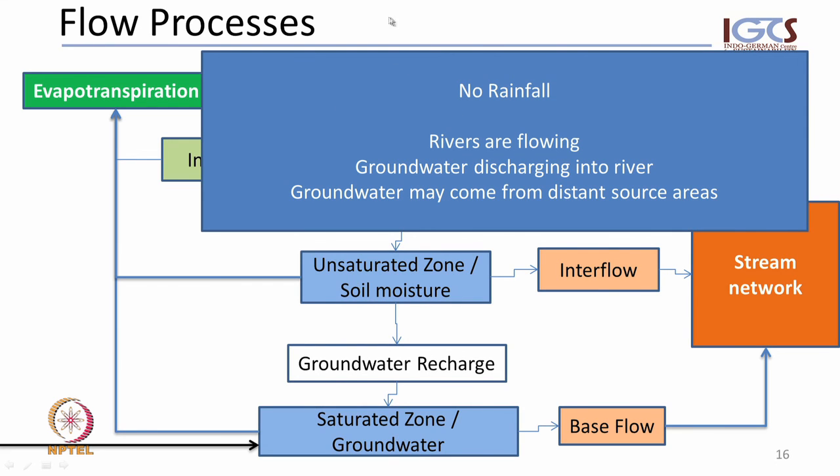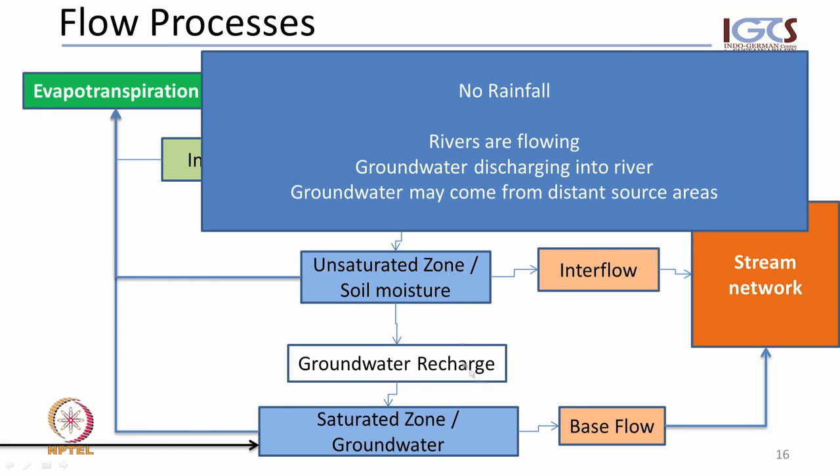Now, if we take the opposite case, there's no rainfall at all taking place in this area, yet we still have rivers with water, flowing rivers. Then this can only take place when interflow occurs or when base flow takes place.